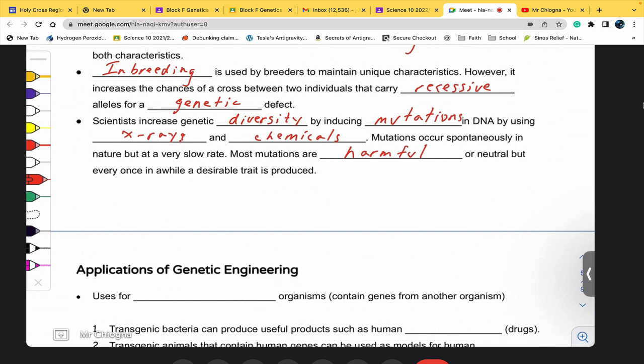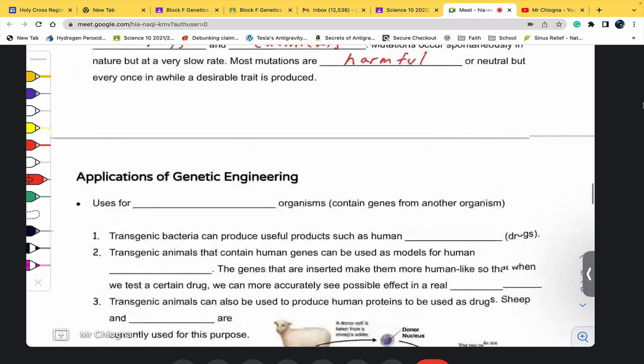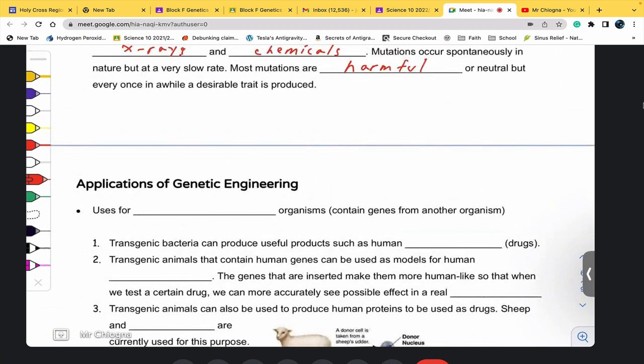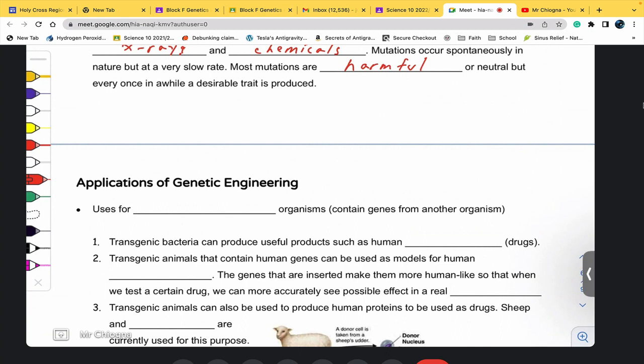Okay, back side of the third page, where it says applications of genetic engineering. We're almost done here. Uses for blank organisms. What organisms am I going to be talking about? Transgenic engineered organisms.